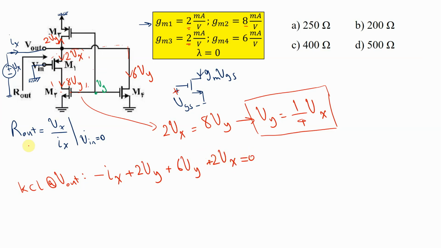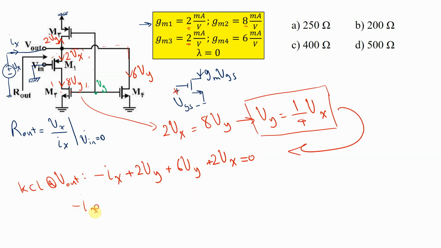So we're looking for the proportion of Vx divided by Ix. If this equation is just in terms of Vx and Ix, we're done. The only thing that's different is Vy. So I'm going to substitute this Vy in terms of Vx into this equation to get rid of Vy in this KCL, and the problem is solved.